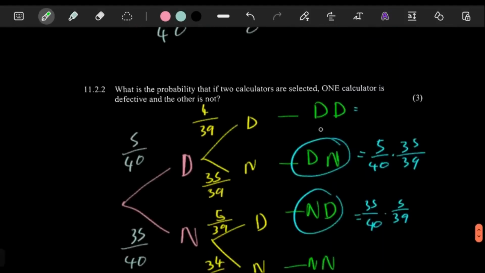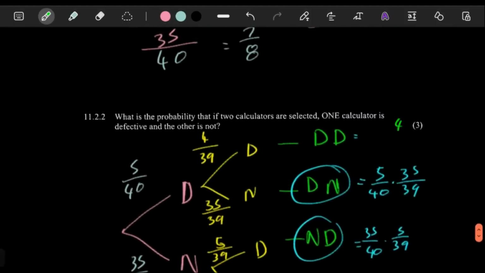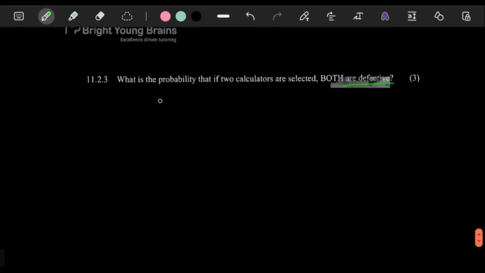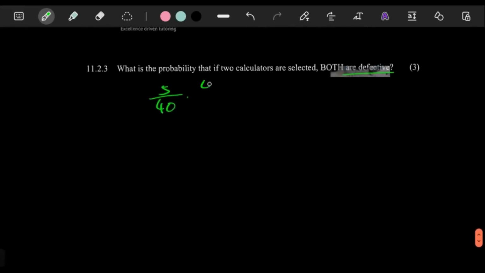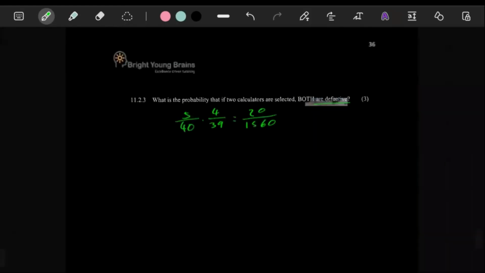Well, that's like D and D. So that's like 5 over 40 multiplied by 4 over 39. This in your calculator is going to give you 20 over 1,560. Let's keep moving forward.